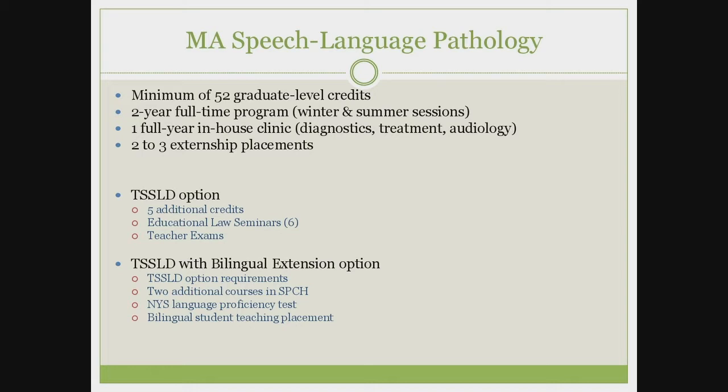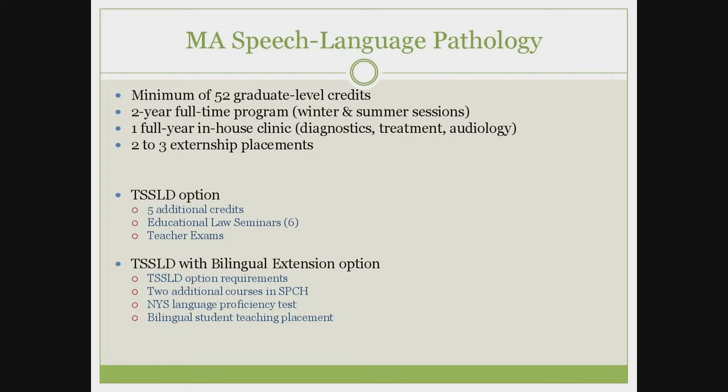You also have some educational law seminars that actually aren't any credits, and you have to pass. That says teacher exam, but there's actually only one now. This change happened recently, and you have to pass one teacher exam that is administered outside of Hofstra.